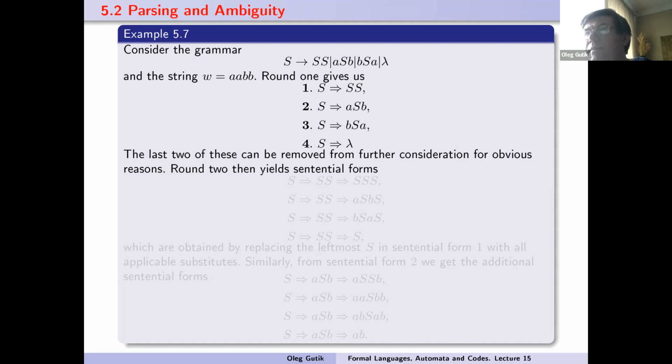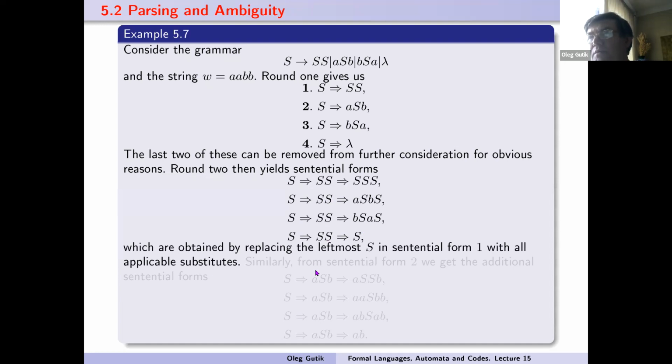Round 2 then gives the sentential forms S into SS into SSSS, S into SS into a S b S, S into SS into b S a S, and S into SS into S. These are obtained by replacing the leftmost S in the sentential form 1 with all applicable substitutes.